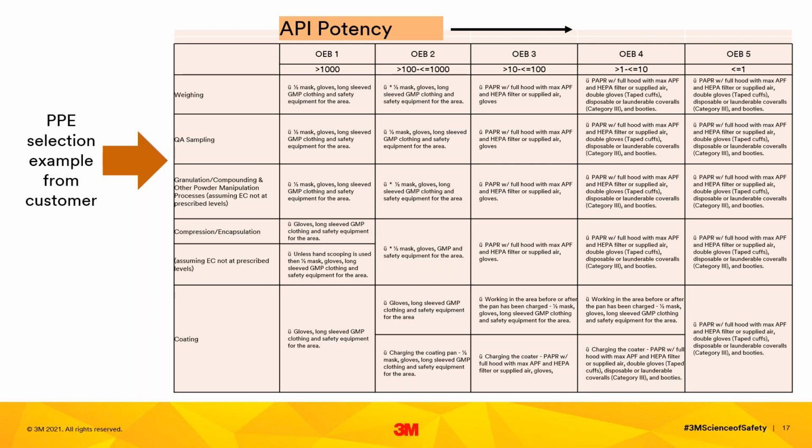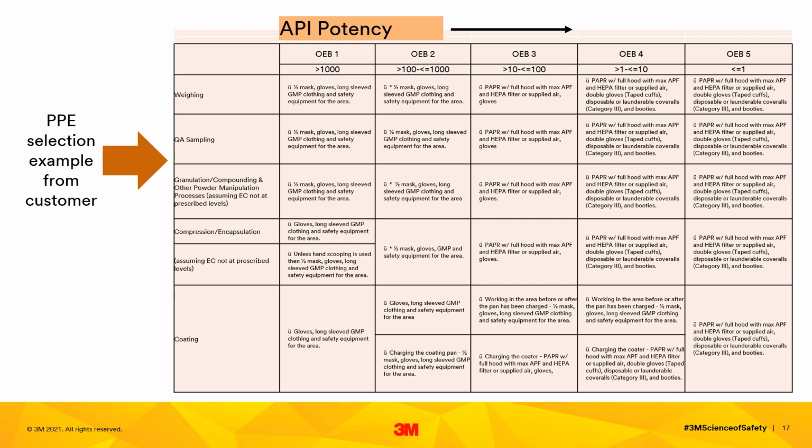And then really what that bucket or that band would relate to is some of the initial toxicity understanding of the chemistry, which is kind of where those other numbers come from at the top. But I want you to focus more on the PPE selection. So a pharma company would bucket their chemistries into these bands.